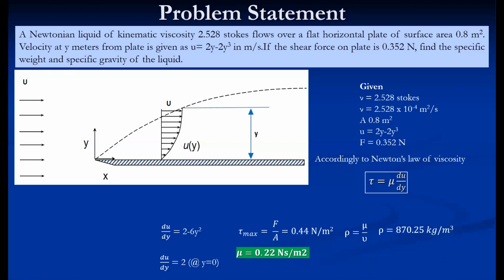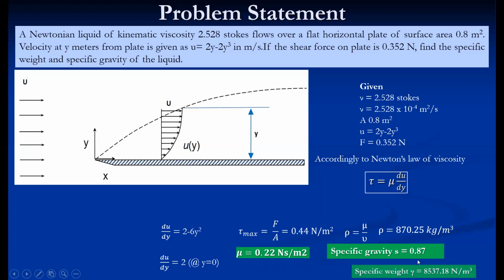Putting in the values, we can calculate density; density multiplied by g gives specific weight, and density divided by 1000 gives specific gravity. These are the values, that is 8537.13.